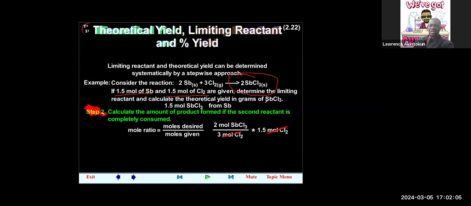which you are using in grams. Remember, in our grams to grams, this is what we did. So we're now applying our knowledge of grams to grams to the theoretical yield, limiting reactant, and percent yield this time around.